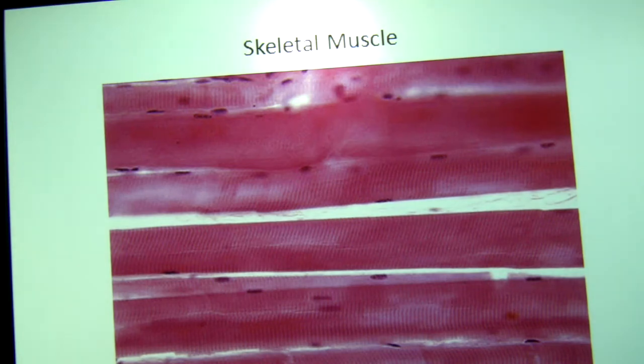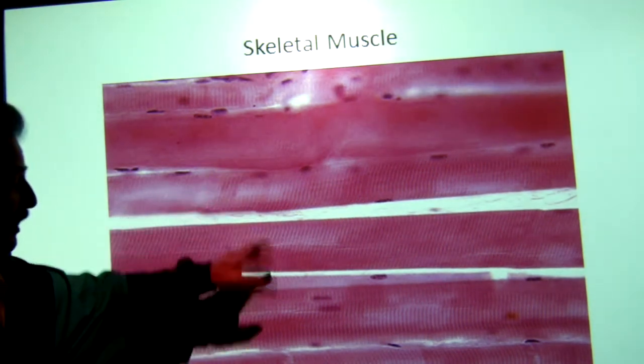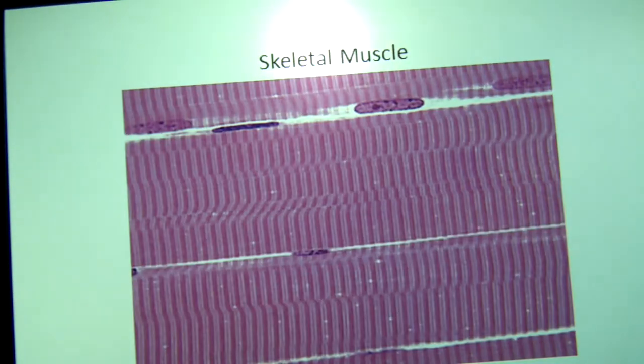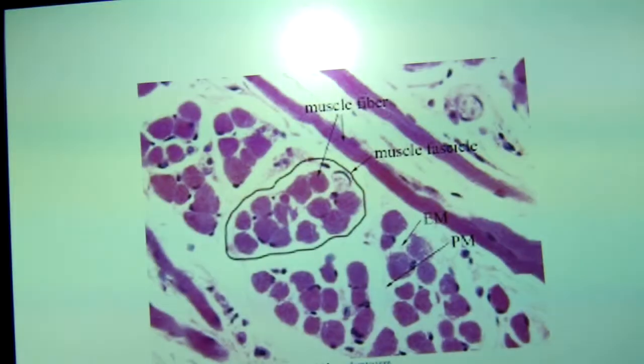Then you have your skeletal muscle, which can be looked at the surface, or cut this, turn it, look down, and you're looking at a transverse cut, but we don't call it transverse skeletal muscle. It's just skeletal muscle. We see the fibers from a transverse cut.